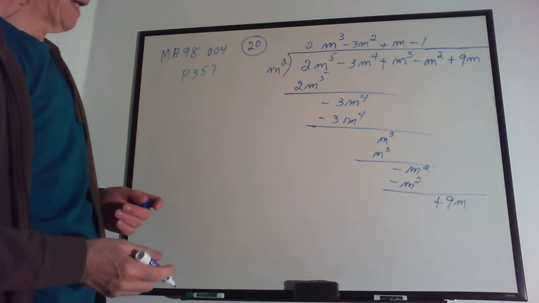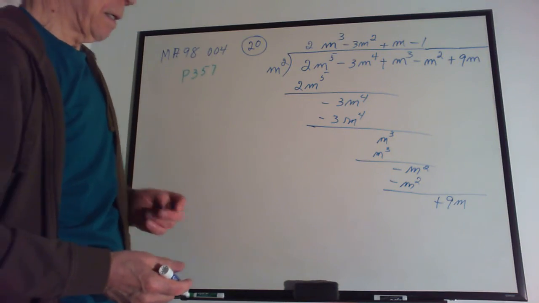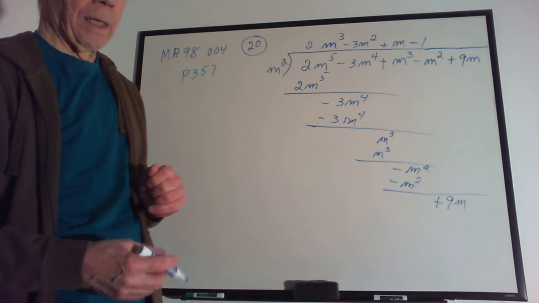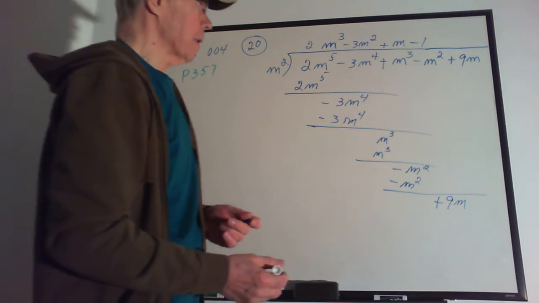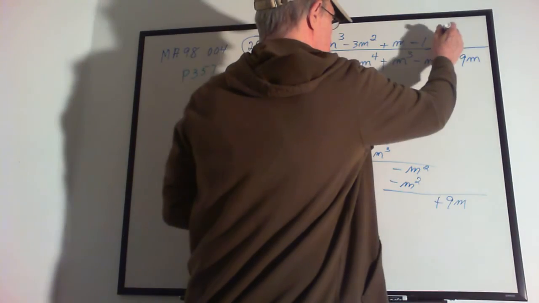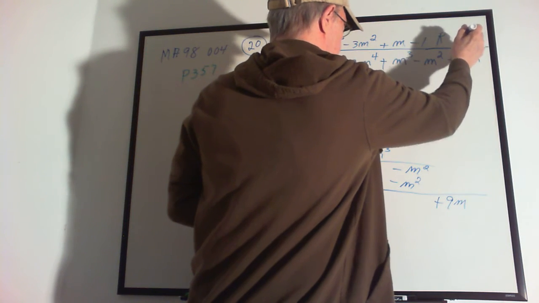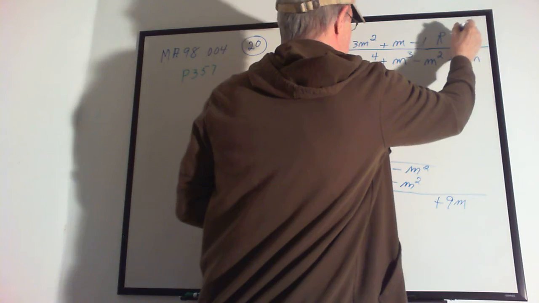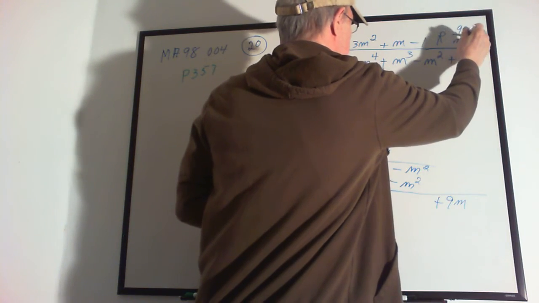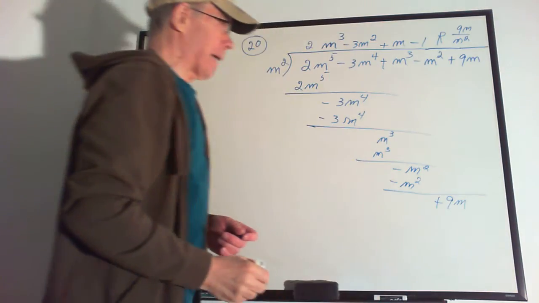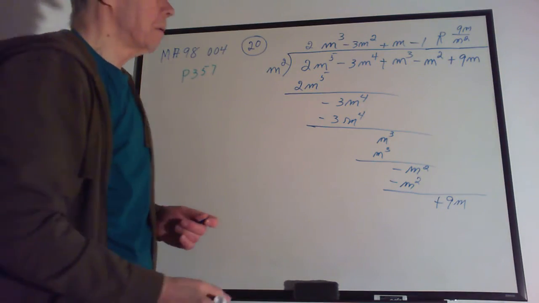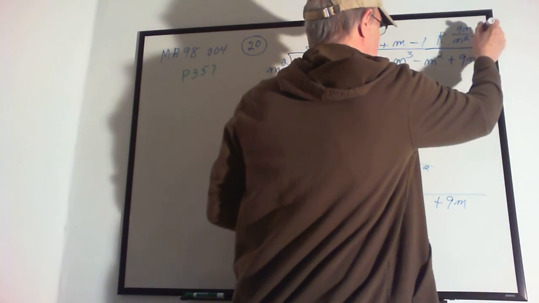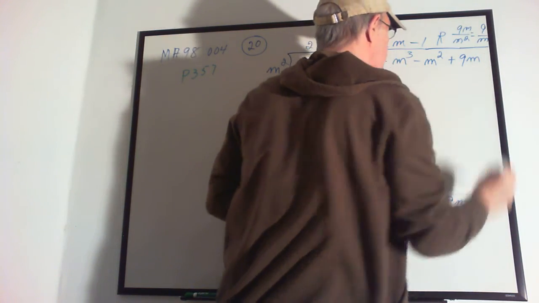Now, 9m divided by m squared. The exponent here is smaller than that exponent. So I can't do anything with it. I can just leave it as a remainder, right, of 9 over m squared. But I can reduce that. So it does reduce to 9 over m.